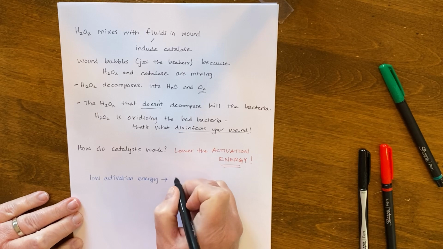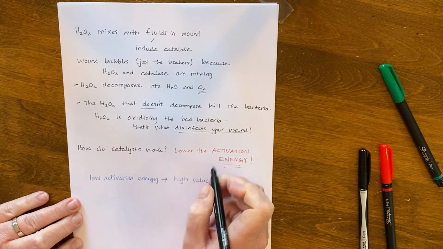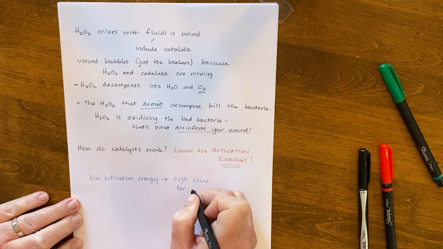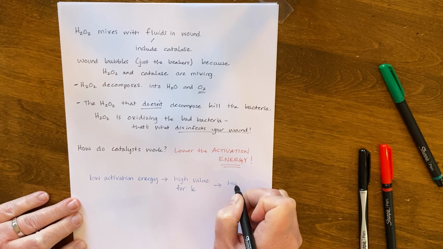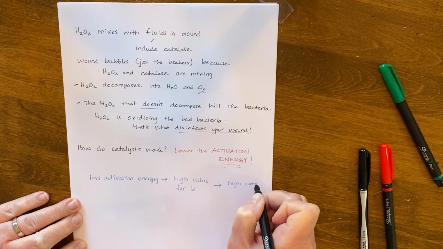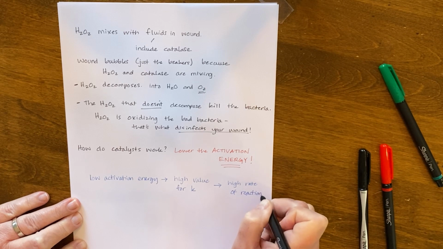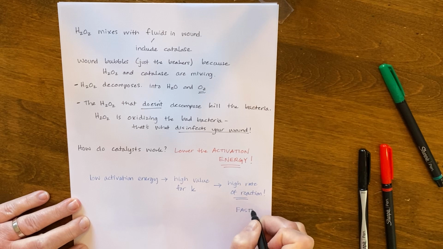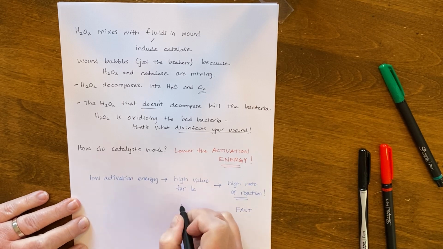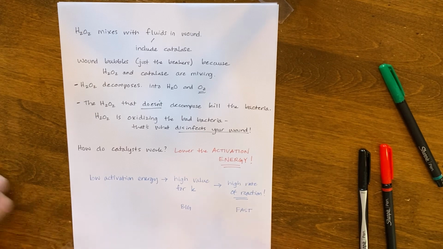Okay? So if a reaction has a low activation energy, that means it has a high value for K, the reaction constant, which means it will have a high rate of reaction. Or a fast one, okay? So a low activation energy means a big value for K, which means a fast reaction.